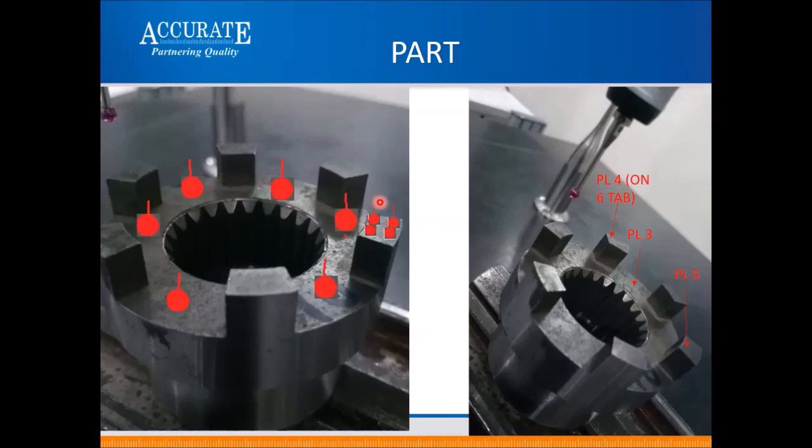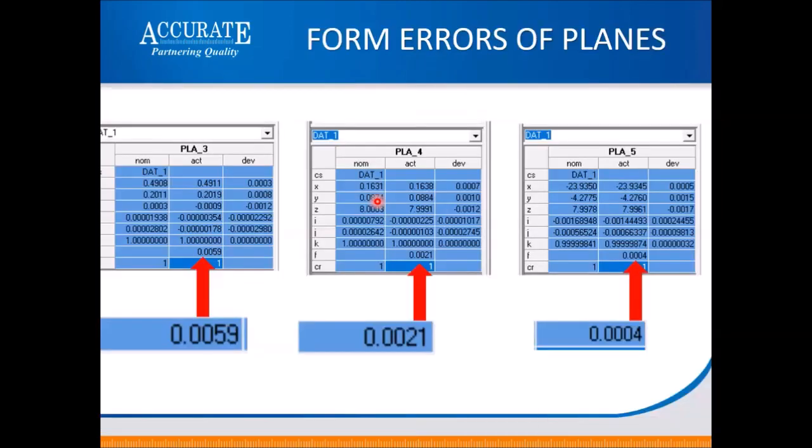Now, what are the results after measurement? And before showing the results to you, please find it here. When the bottom plane is measured, the form deviation is around 5.9 micron approximately, with the number of points taken being good enough, and the deviation is also fine.